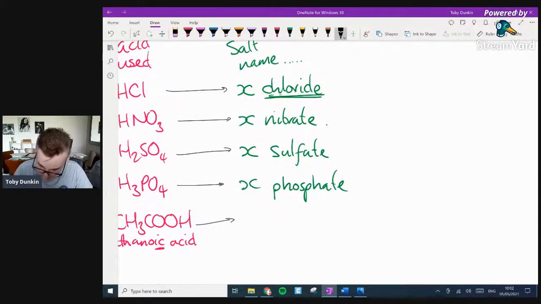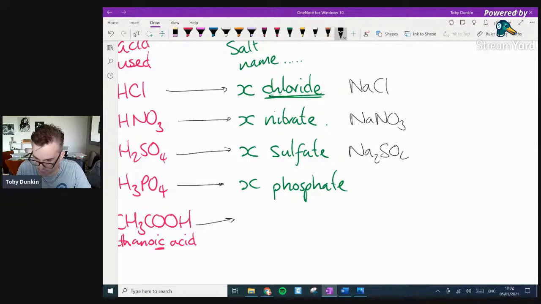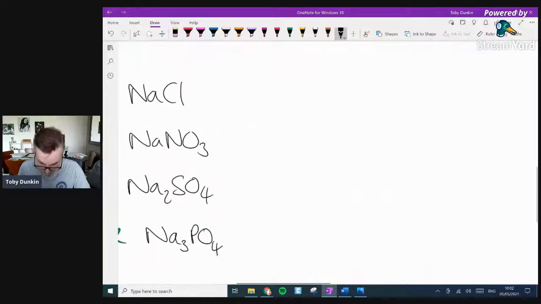Let's do the examples. NaCl, hydrochloric acid used. NaNO3, nitric acid used. Na2SO4, I used sulfuric acid in the making. Na3PO4, sodium phosphate. If you're wondering how I have built them, Na is +1 from group 1.